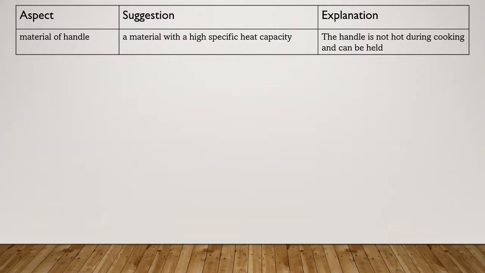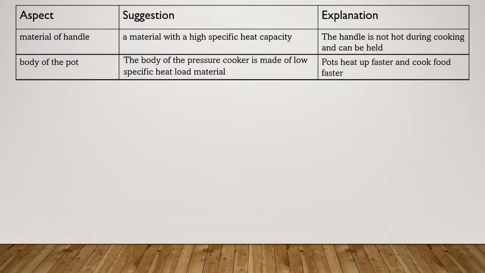Second aspect, body of the pot. Kamu punya badan periuk itu. The body of the pressure cooker is made of low specific heat capacity material. Body itu kita buat dia daripada bahan yang mempunyai muatan haba tentu yang rendah. Penerangan dia ataupun explanation dia, pot heat up faster and cook food faster.